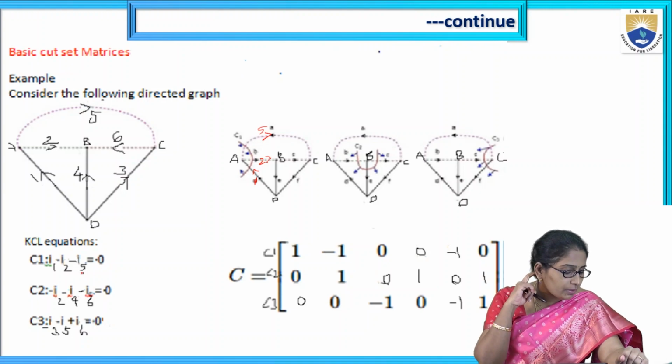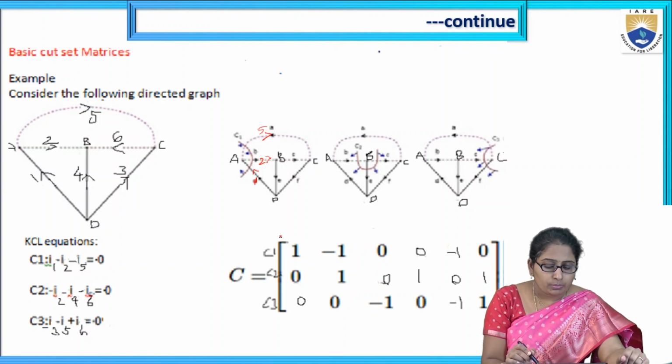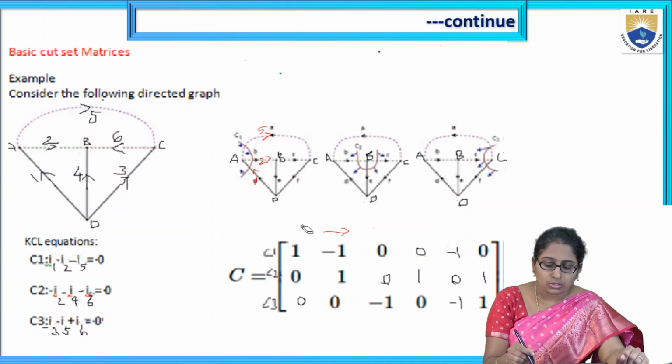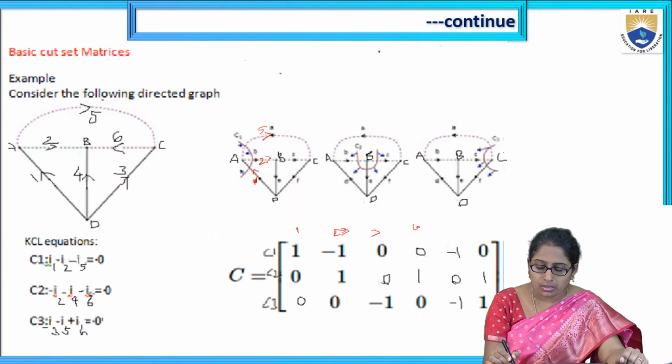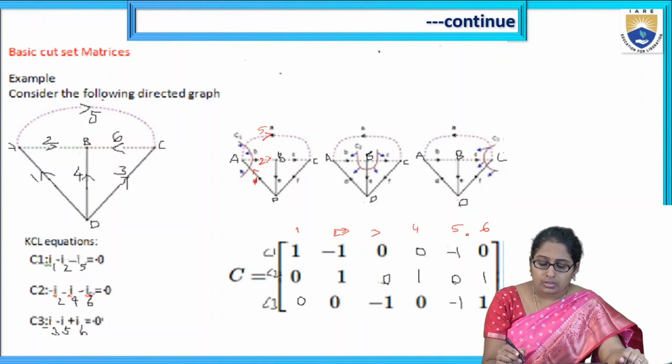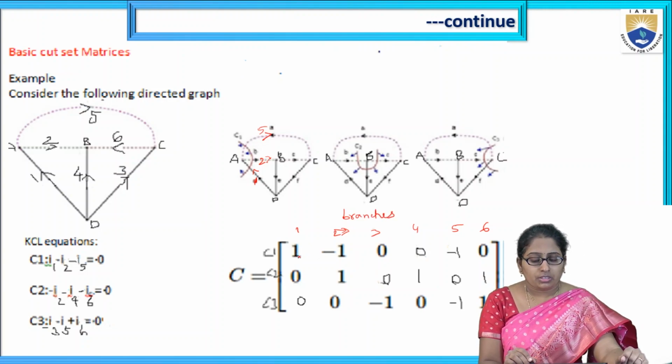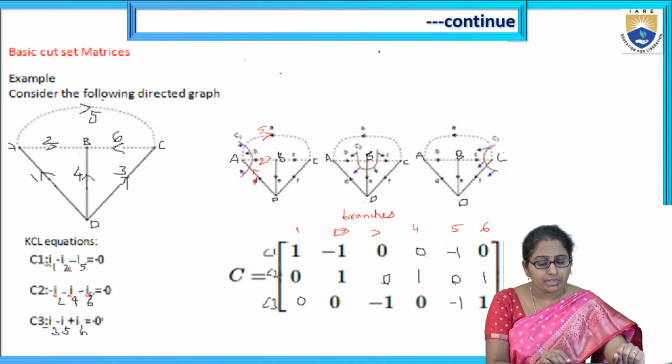Now put that in matrix form. In the cut set matrix, the order is given by number of cut sets over number of branches. The columns are with respect to the branches, 1, 2, 3, 4, 5, 6. For the first equation, C1, we have I1 minus I2 minus I5.